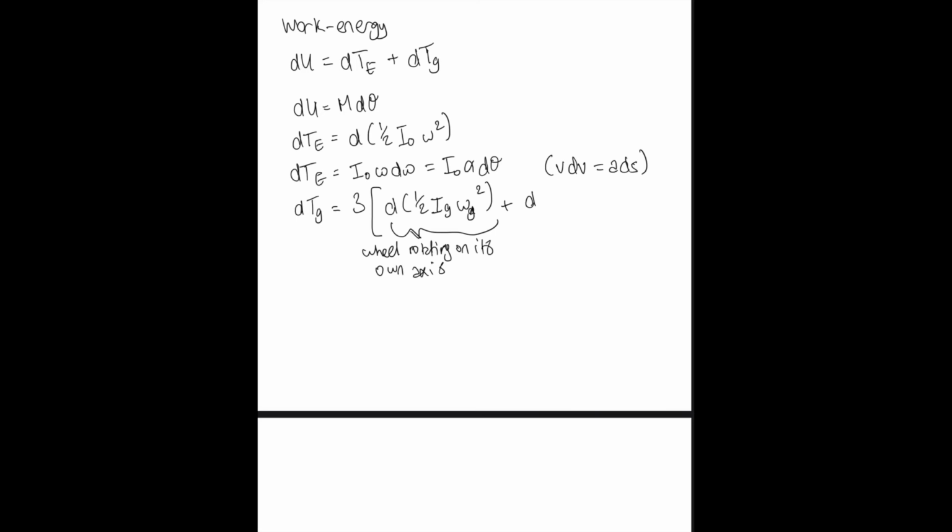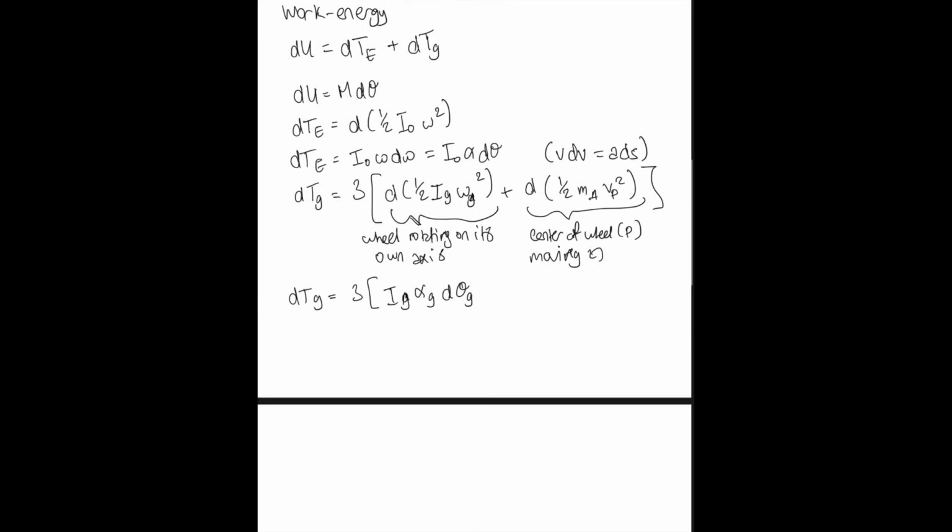And then another portion, half m_G v_P squared, and this portion is the center of the wheel P moving anti-clockwise. So this is what the two portions are for.